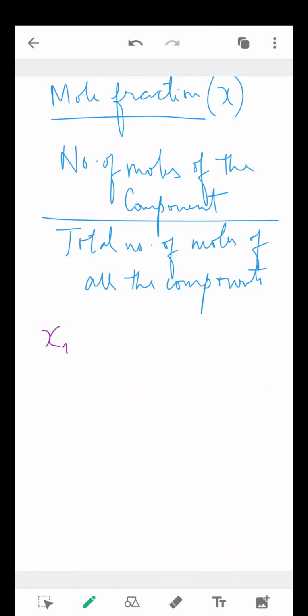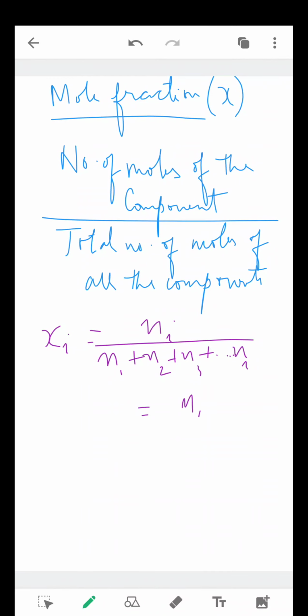It will be like this: mole fraction of i is equal to number of moles of i divided by N1 plus N2 plus N3, up to the number of moles of component i, or you can write it like this also: Ni divided by the summation of Ni. All right, so here also the sum of the mole fractions will be unity.